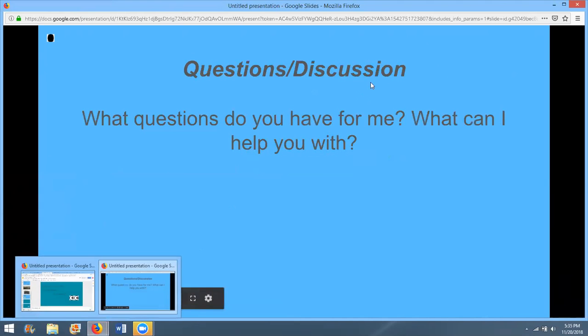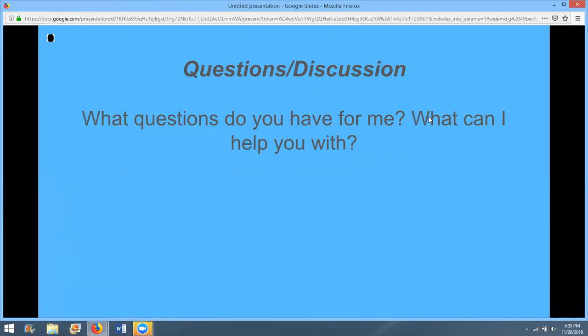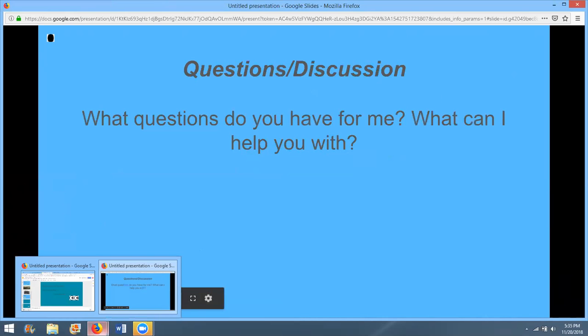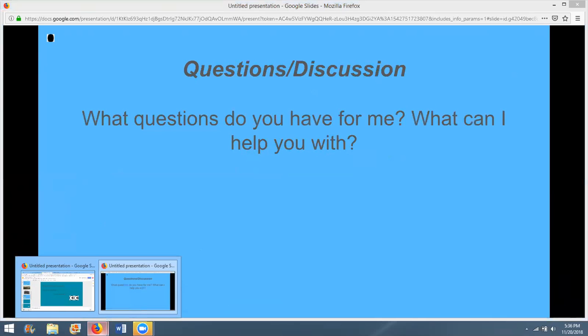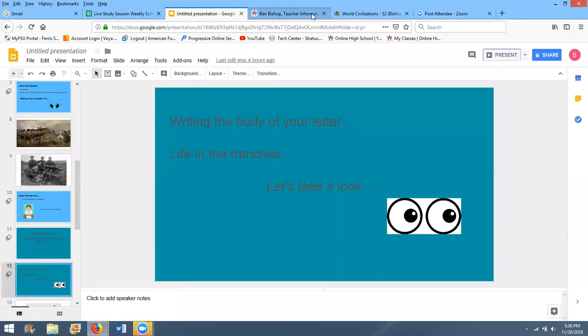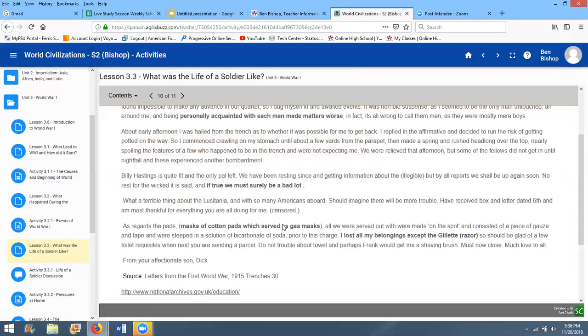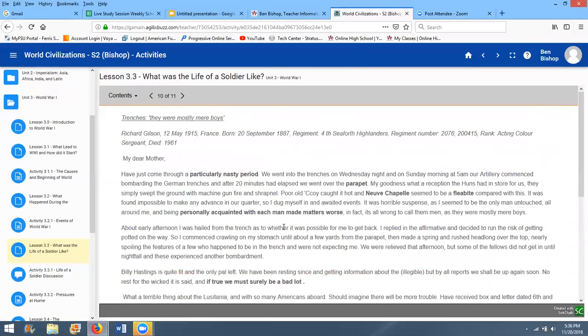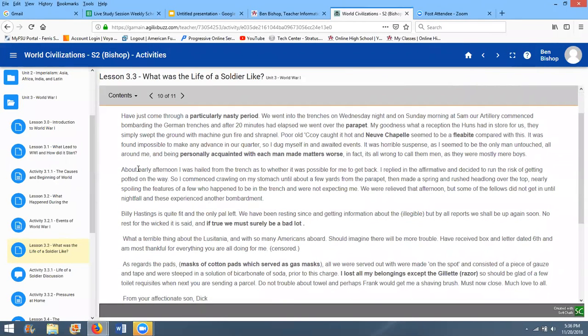Before we go back to another discussion question time, I want to take a look back at our example from the lesson. So I'm going to read this a little bit. Here's our body of a paragraph.